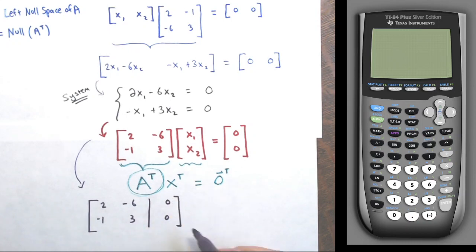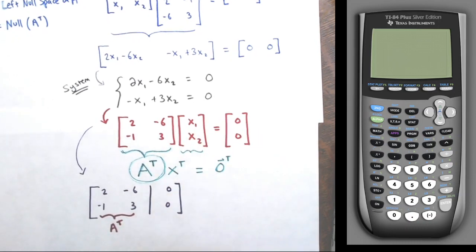In future examples, I'm going to jump to this shortcut, where this is A transpose to the left of the bar, and we're finding the null space of A transpose. The right of the bar has just zeros, the 0 vector.